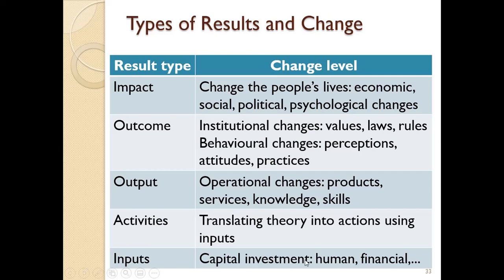So you invest in trainers of trainees, and then you put in budget to facilitate the training, and then activities, you do the actual training of these secondary school peers and trainers, and then you have the number of trainers that you have trained, and therefore schools have been sensitized, and then the teenagers have now positive perceptions on how to avoid teenage pregnancies, and therefore you have reduced the number of teenage pregnancies. So that is how the chain of results flows.